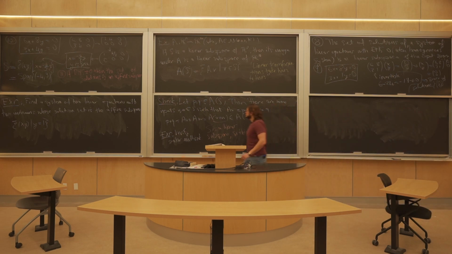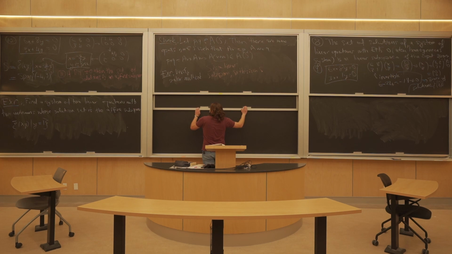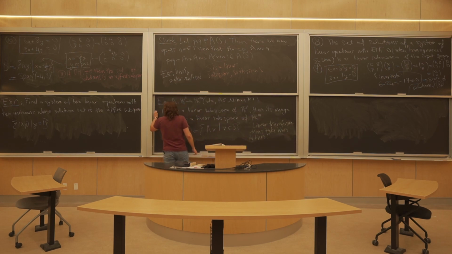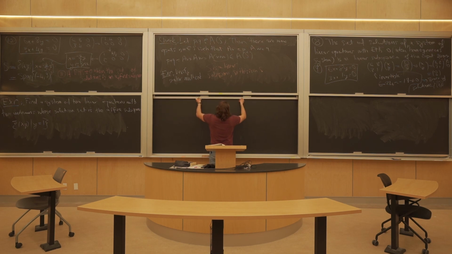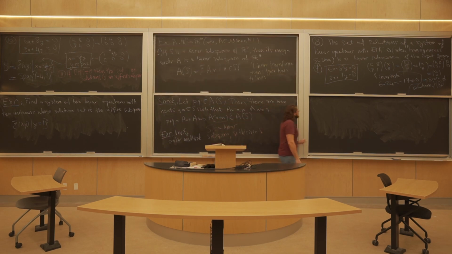So that's the first. That's one, I guess. Here's another example. Well, I don't want to split the examples actually. These two are the same idea actually. So that's one. And then two. If T we're using for transformation.